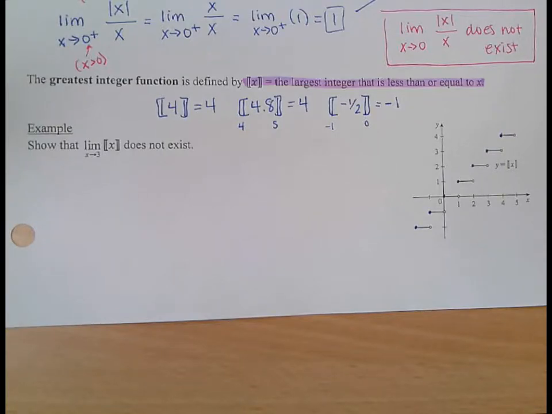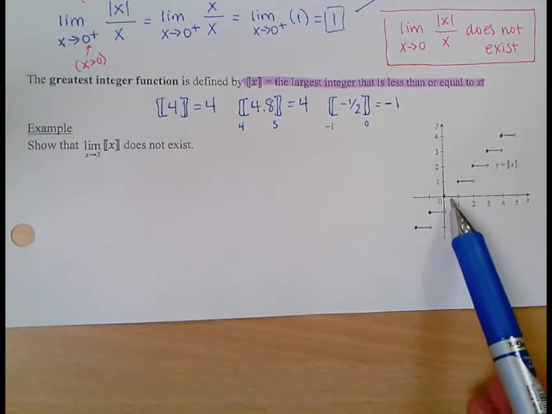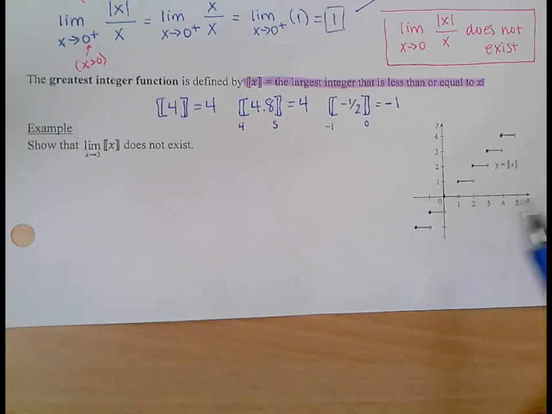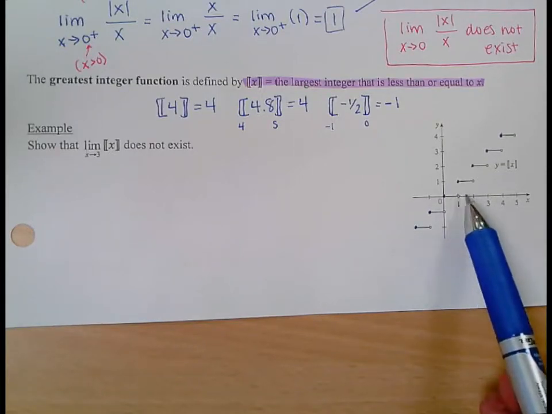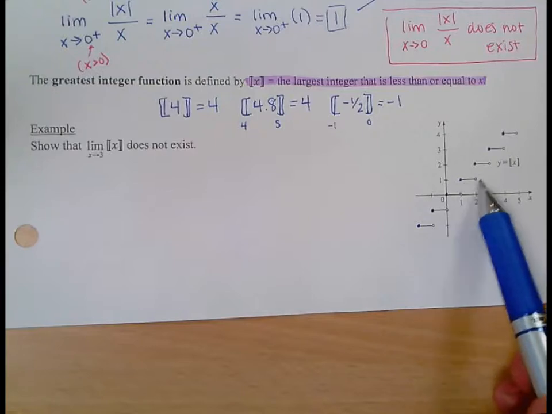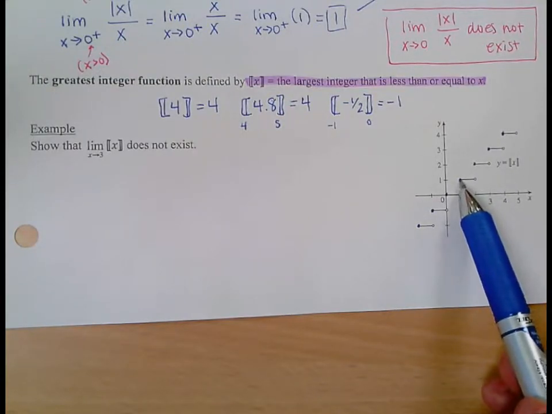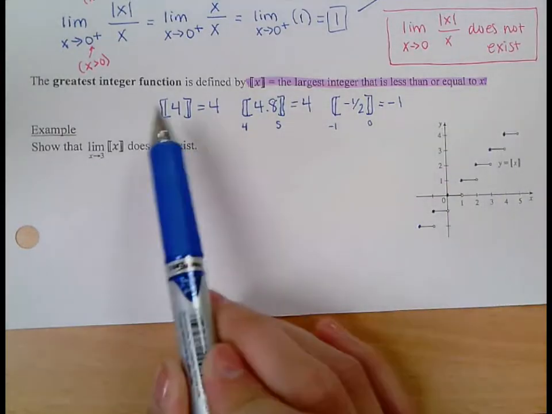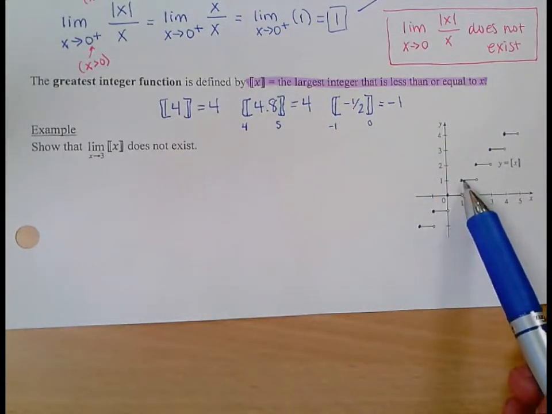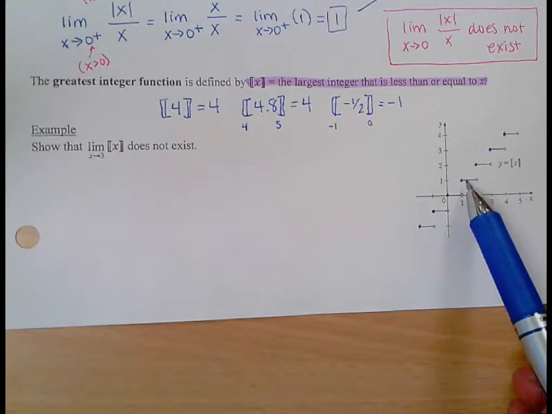You can see from the graph what this means. Looking at this one here since it's a little easier to see: when x is 1, if I substitute 1 into the greatest integer function, it's an integer, so it equals itself.